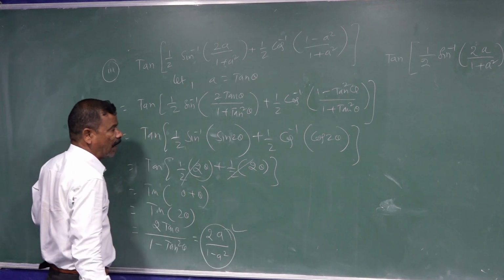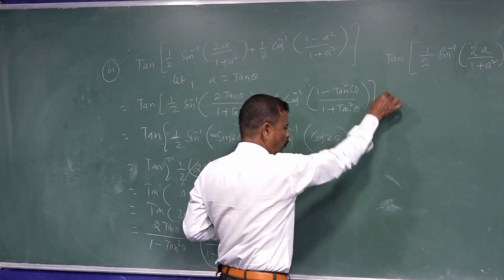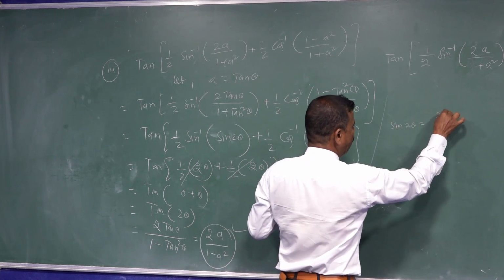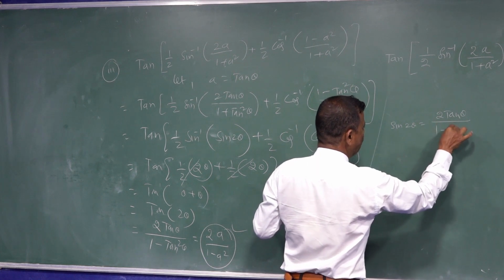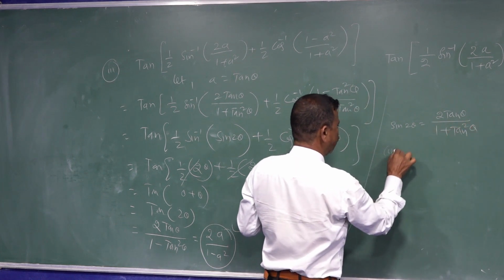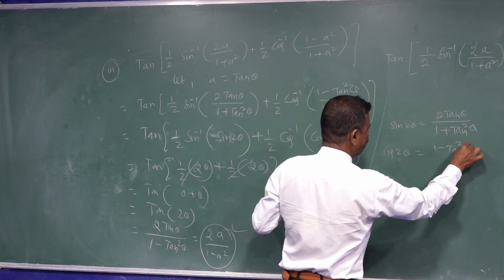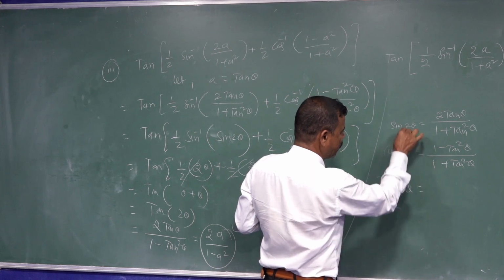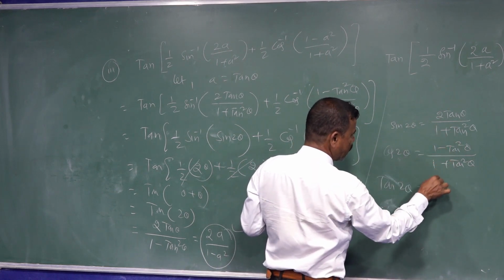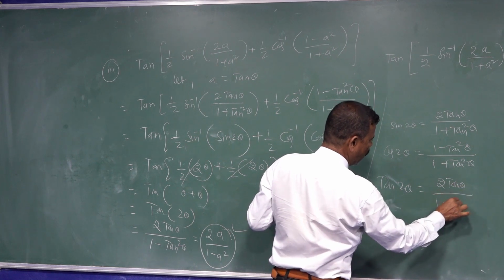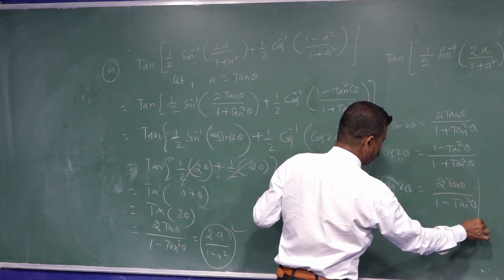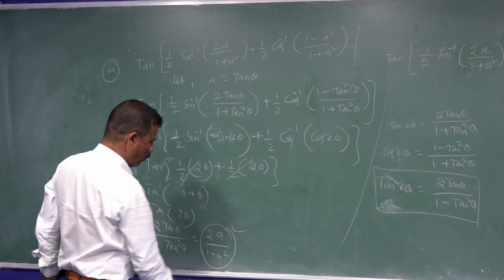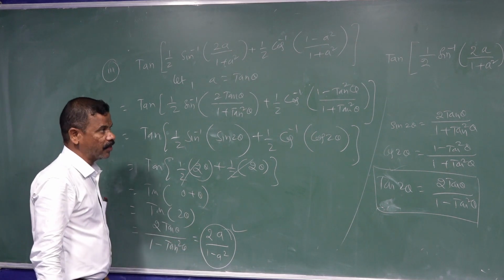This is the final value. So once again I explain the formulas here. Sin 2 theta is equal to 2 tan theta by 1 plus tan square theta, cos 2 theta is 1 minus tan square theta by 1 plus tan square theta, tan 2 theta is sin by cos, 1 plus tan square cancelled, 2 tan theta by 1 minus tan square theta. By using these formulas we solve this problem. Final answer: 2a by 1 minus a square.